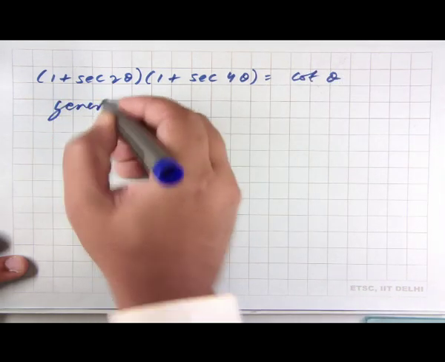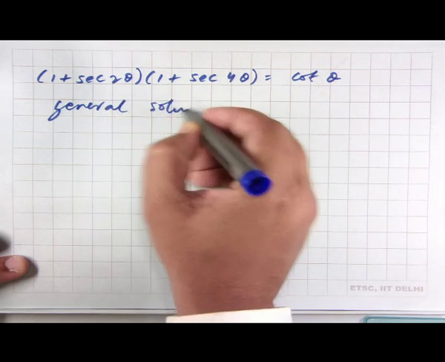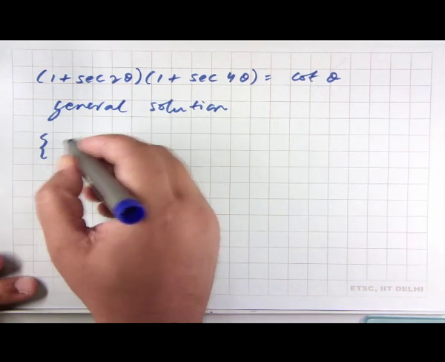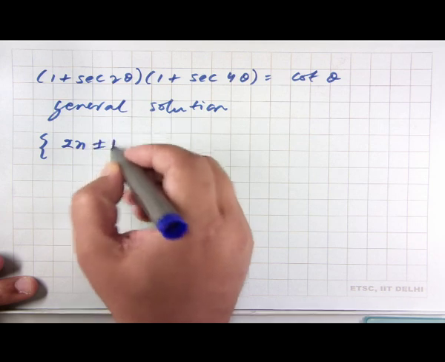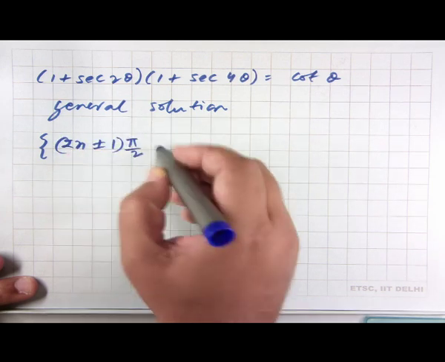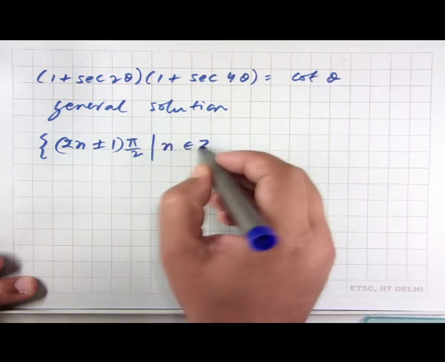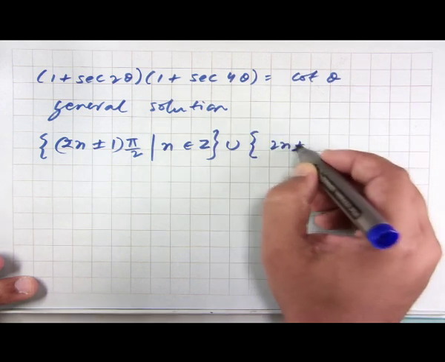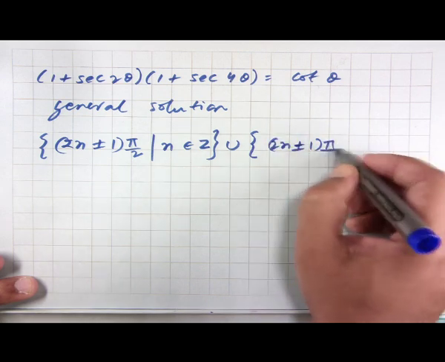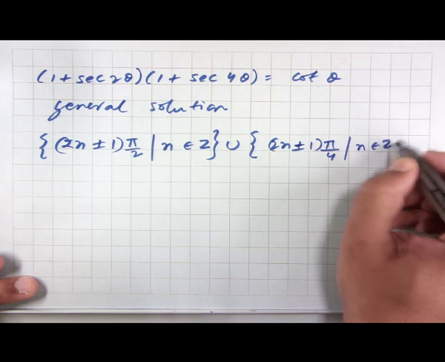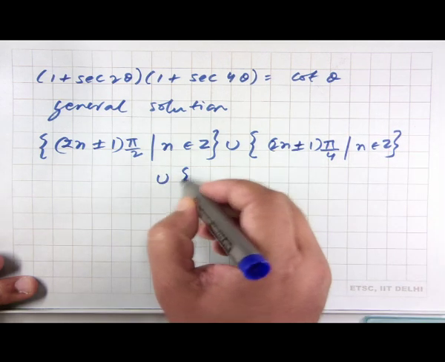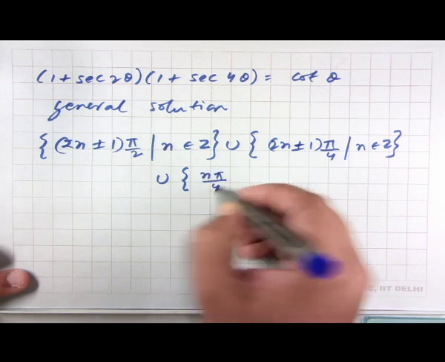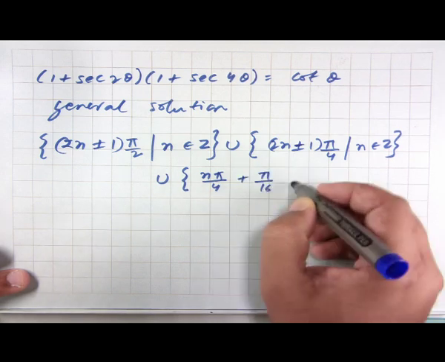So, the general solution is given by the union of these sets 2n plus minus 1 times pi by 2 all integer n, union with 2n plus minus 1 times pi over 4 again integer n, union with n pi over 4 plus pi over 16 integer n.